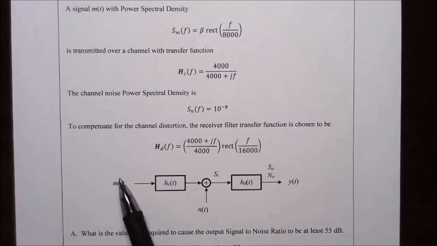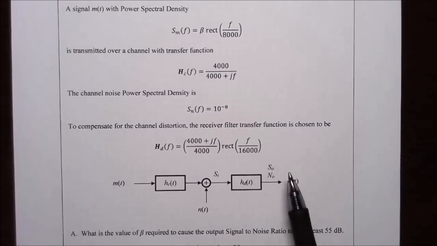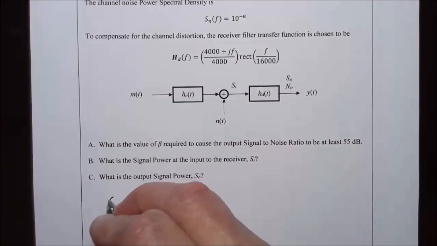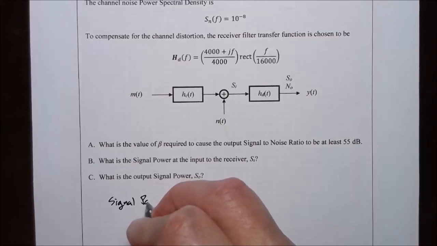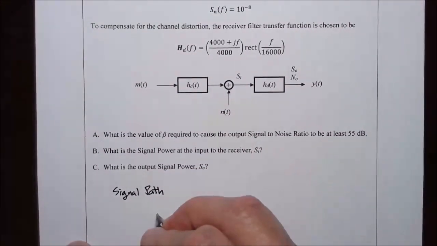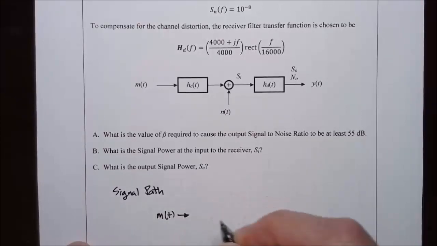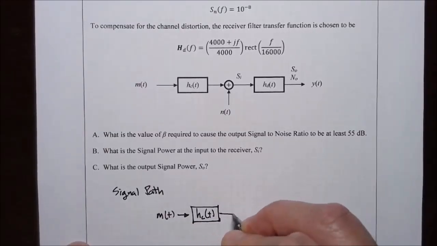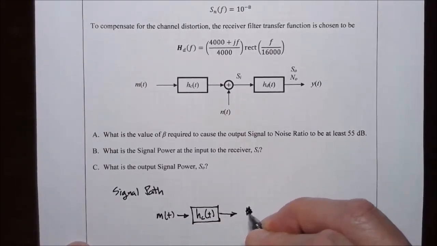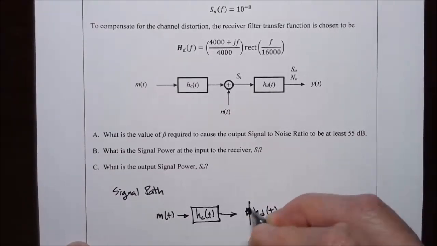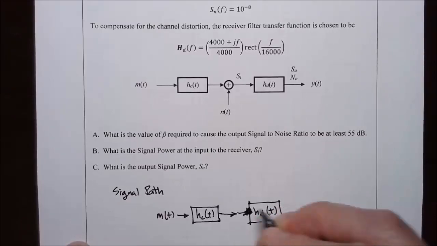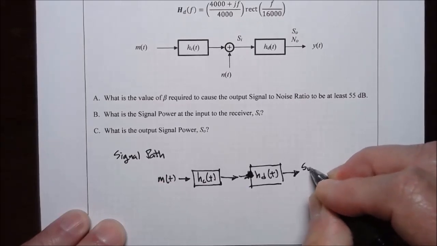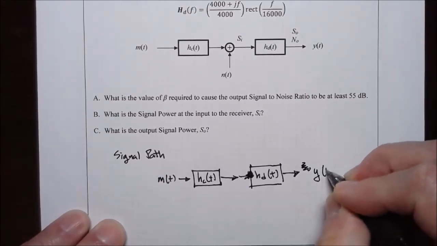So we can consider the signal from input to output, and so if we were to just draw the signal path, we've got m of t into h_c of t, that's its impulse response, into h_d of t, this is the second impulse response, and out comes y of t.